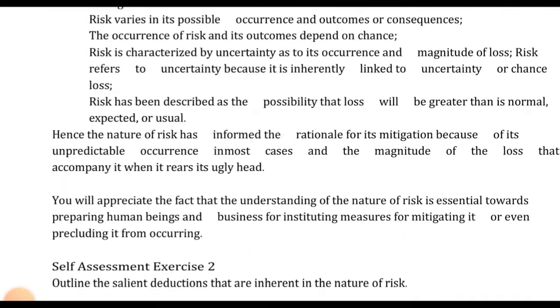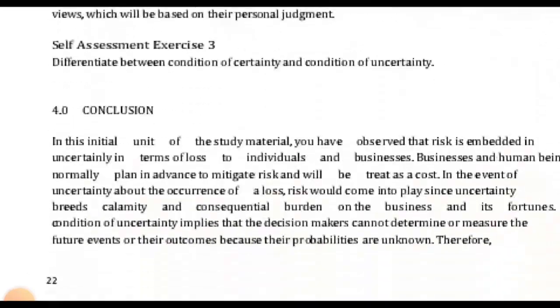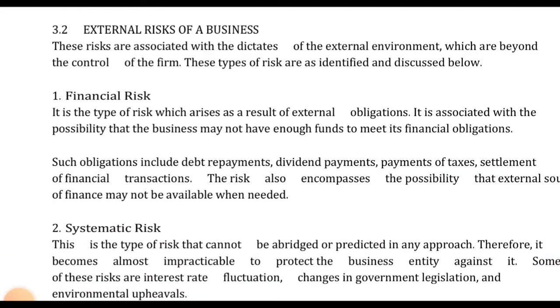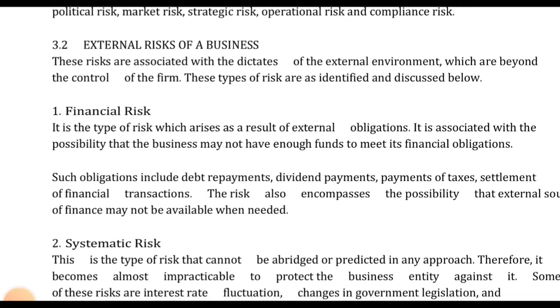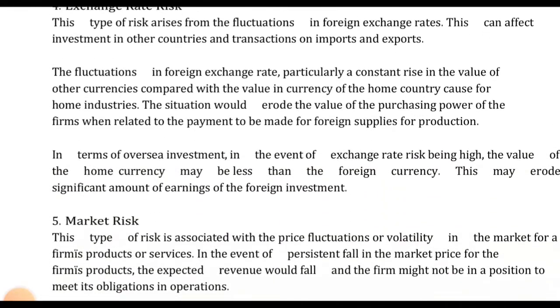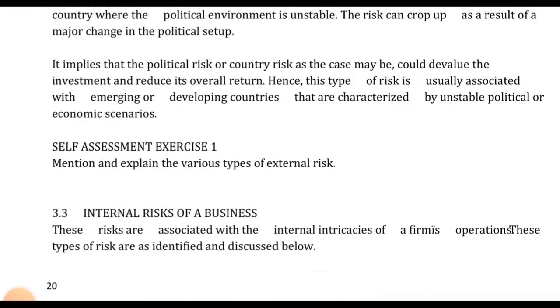So, to further explain, because they are divided into two. The external risks: the financial, the systematic, the speculative, they're all external risks. Exchange rate risks, market risks, political risks.